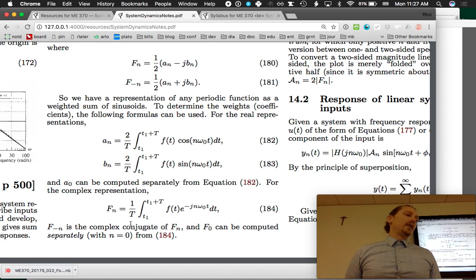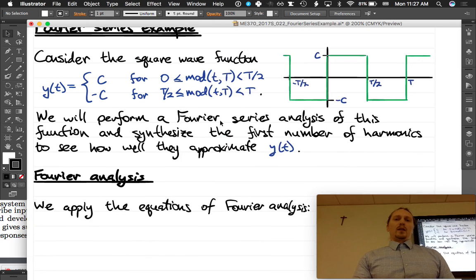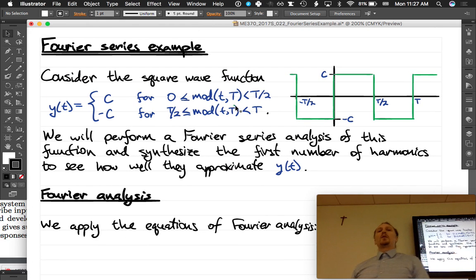We're going to go with the cosine and sine ones this time, so the a_n's and b_n's. Now, when we look at our problem, can we get away with getting rid of something because it's even or odd?